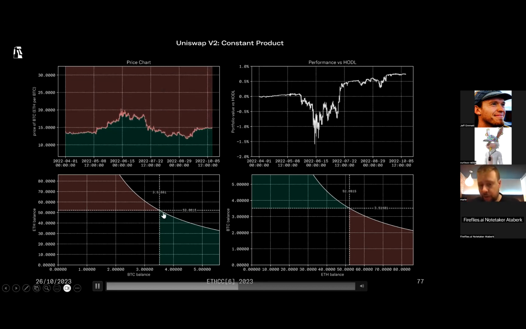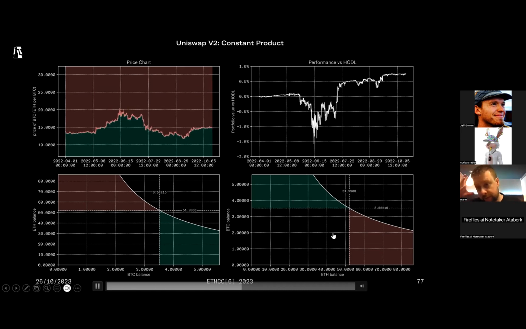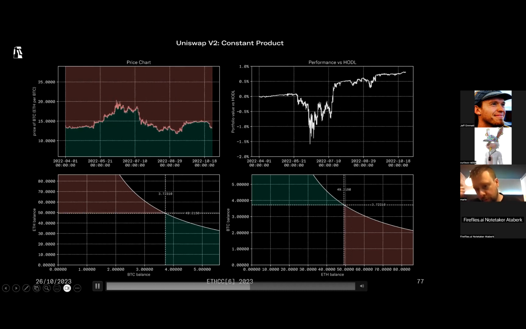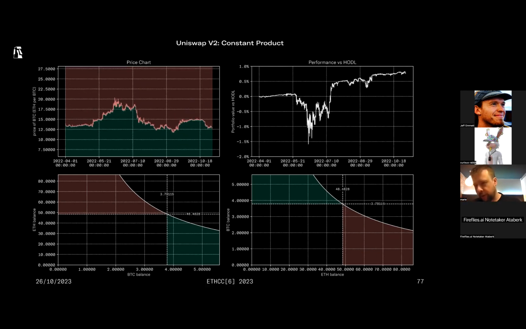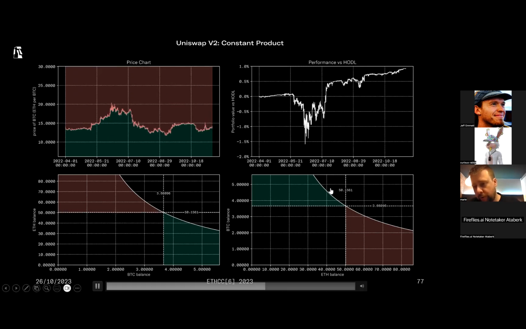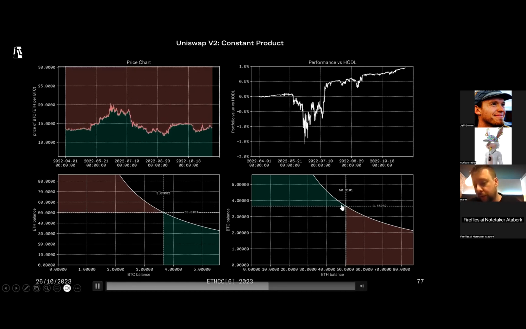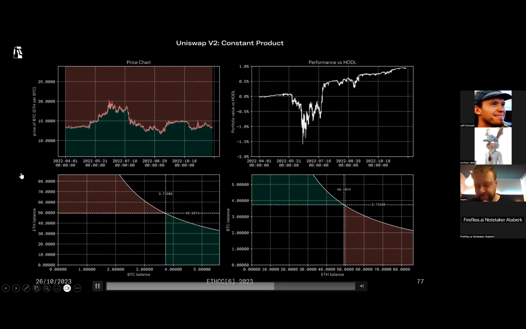The purchase or sale of one token on one of these charts is the same as looking at it from the transpose perspective on the other chart. It doesn't really matter which one of these graphs you're on, you already have enough information on one of these to construct the other.